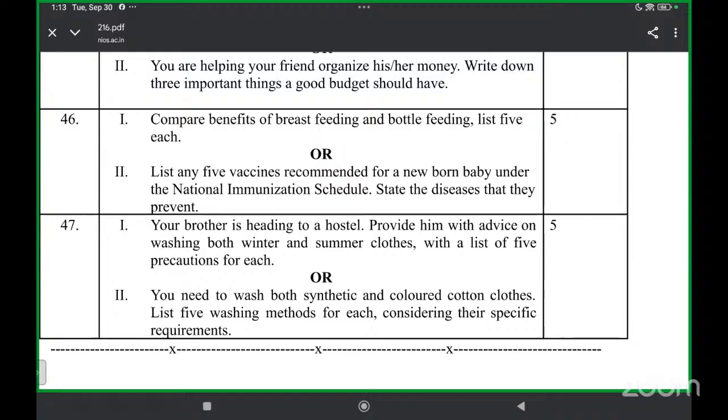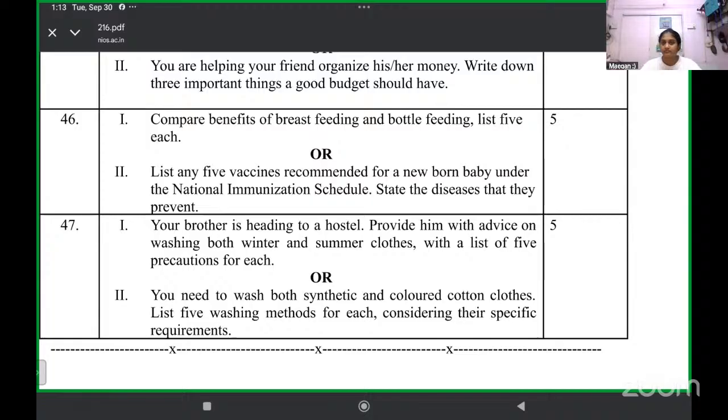Okay, suppose I get only one part of it, like only breastfeeding, only bottle feeding, and it's only 5 points. First, you write down the points. Make a heading in the point and then explain it further in your own words, 2 to 3 lines.